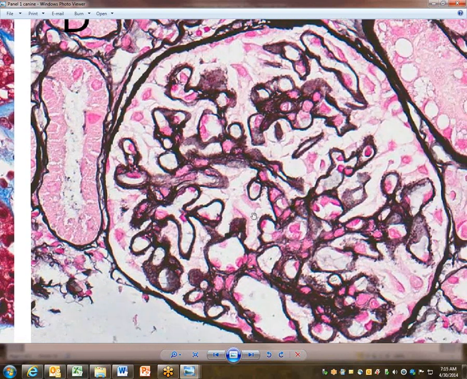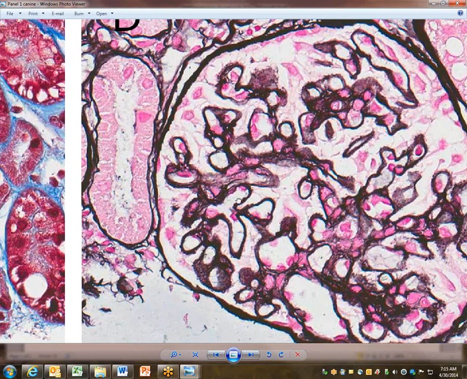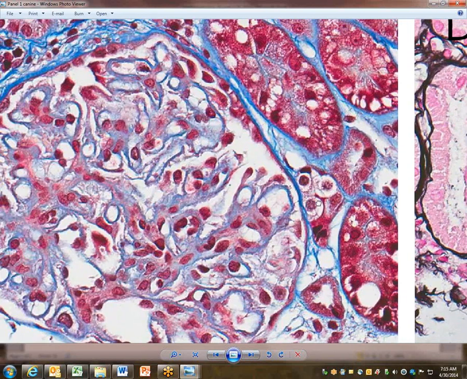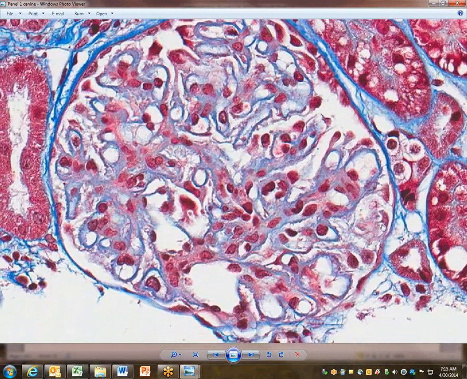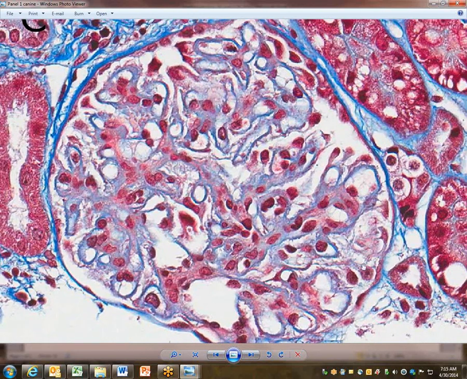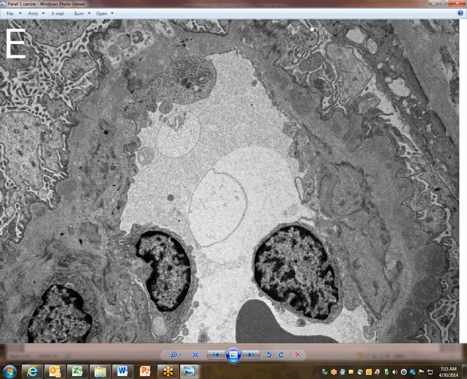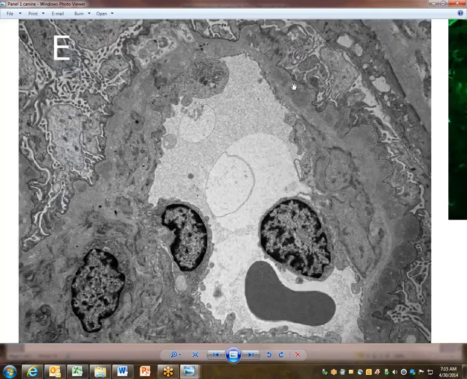Sometimes this stain is the way to figure out whether they're actually connected as opposed to just being up against one another. The trichrome can help with that as well. Absolutely. All right, and off to the EM. Let's see, that's a little too big.